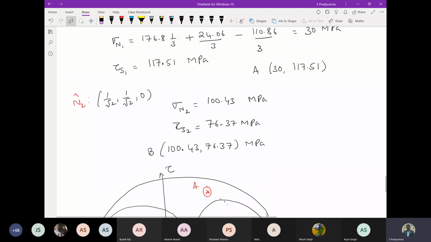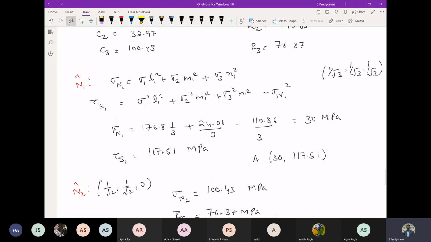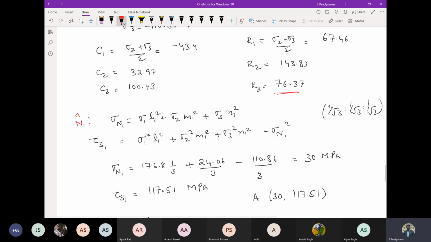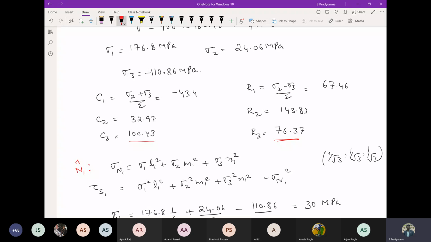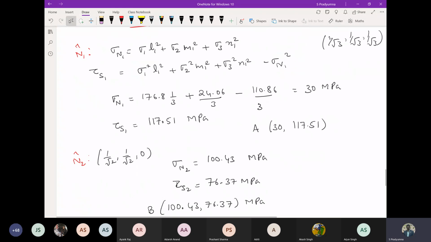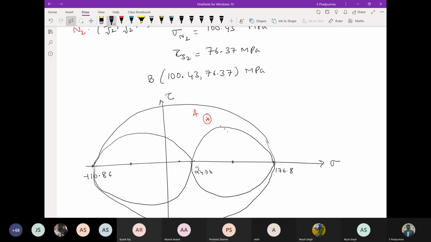So where should it come? 76.37 is actually the radial distance. This is the 76.37. Okay, so 100.43, do we have it anywhere here? That is the C3. So where should point B lie? Right here. This is point B.